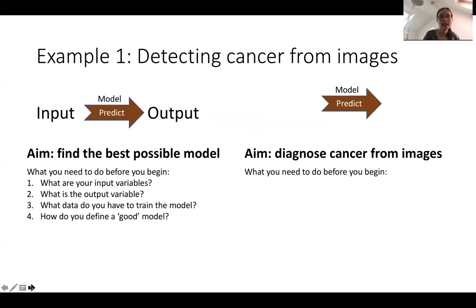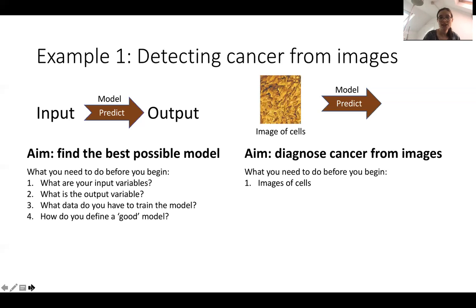Let me give you an example of how biology can apply machine learning techniques. So, for example, let's say that you have a research project where the aim is to diagnose cancer from images of cells. Before you begin, you need to think of your input variable, which in this case would be an image of a cell.